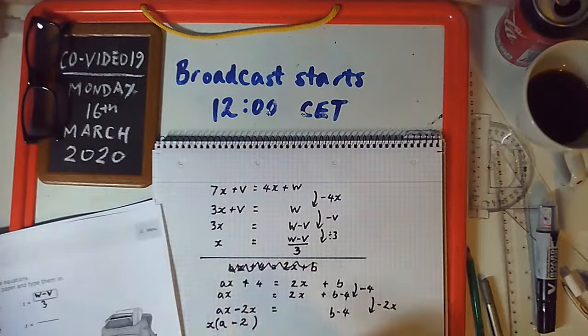So x times brackets a minus 2 equals b minus 4, and then I can divide by the whole bracket to get x on its own equals b minus 4 divided by everything that was in that bracket, a minus 2.